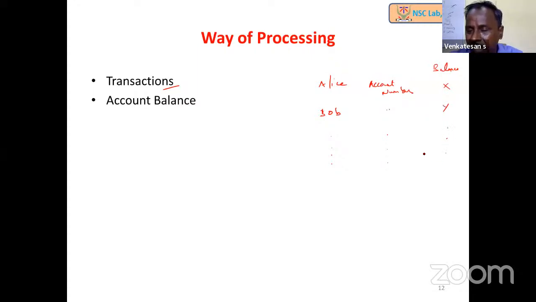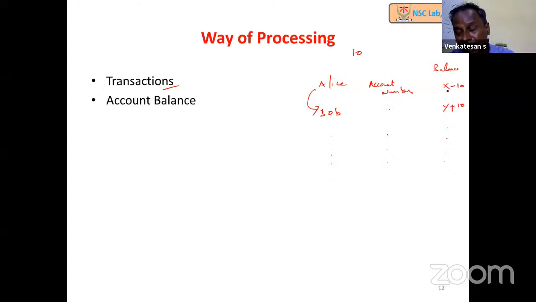Now, if Alice is making a transaction, that is sending a balance from one account to another account, that is Alice is making a transaction to Bob, for example 10 BTC or Ether, what's going to happen? The balance will be subtracted here and it will be added here. So accordingly, this gets updated. So this works based on the account balance. This process is called account balance based processing.